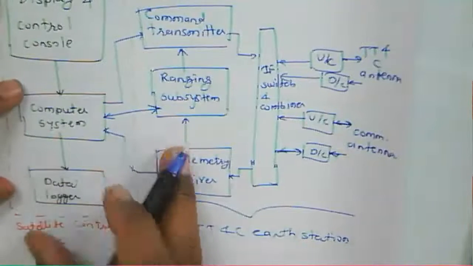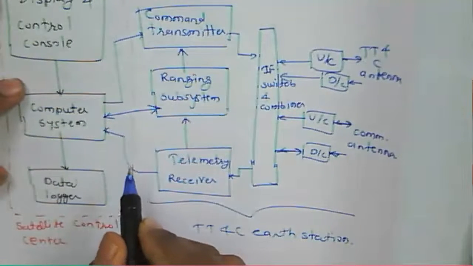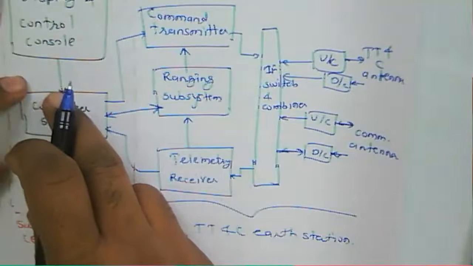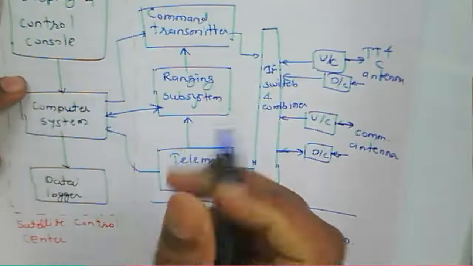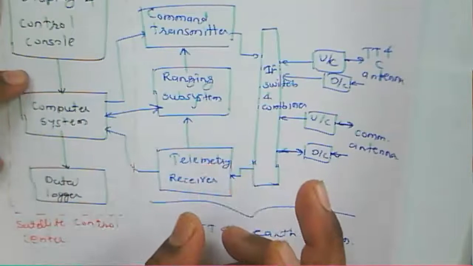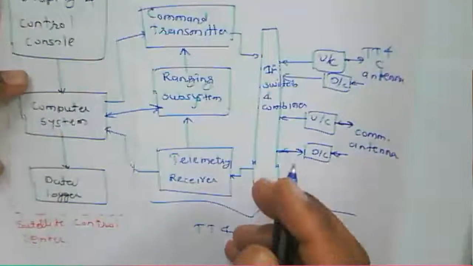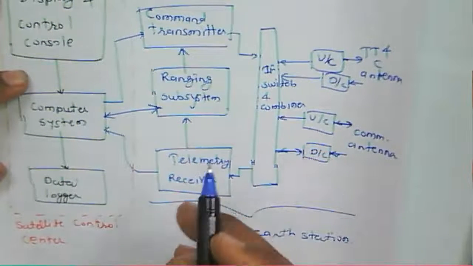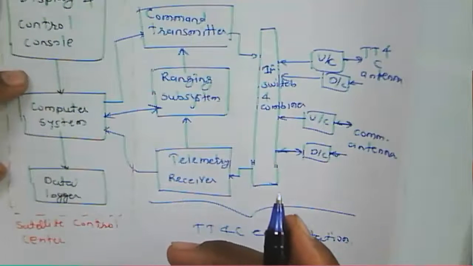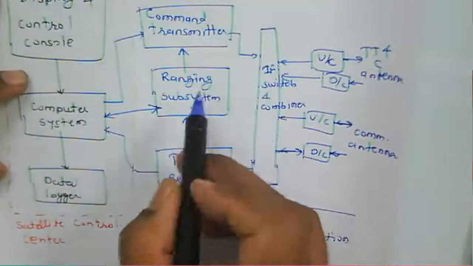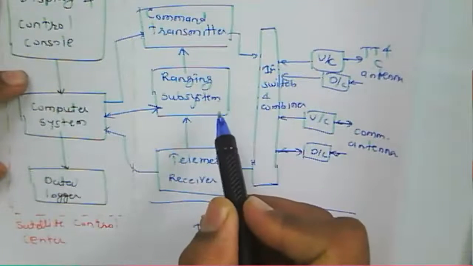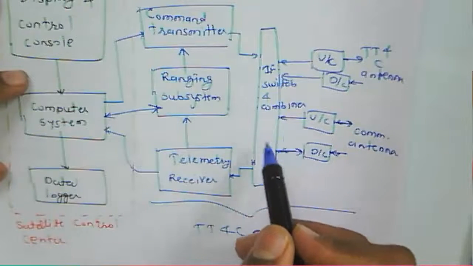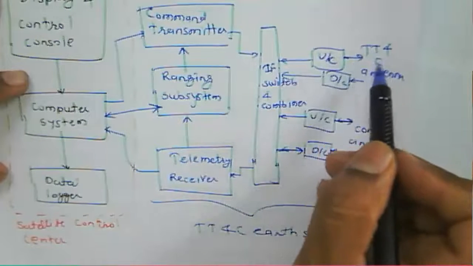The data that is extracted has some information, that is ranging data, that can be received from this RF carrier. At the time of transmission, that signal is modulated, then up converted and transmitted.